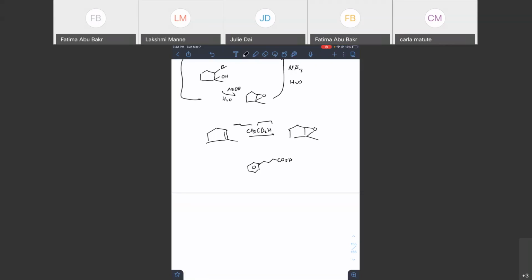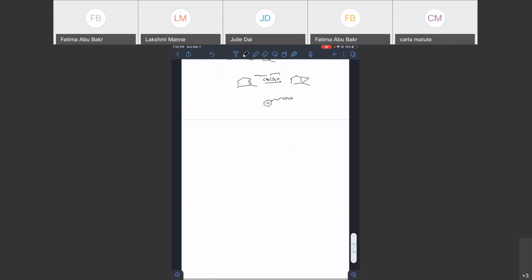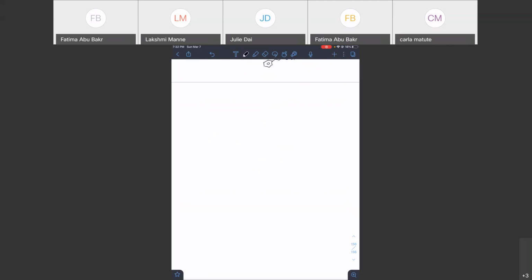Okay, so back to the reactions. So he shows the other way of doing it, which I just showed you guys: CH3CO3H, and that creates an epoxy.